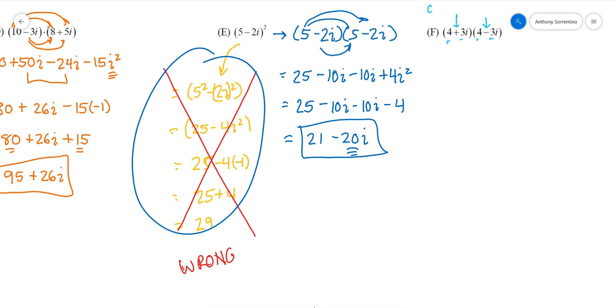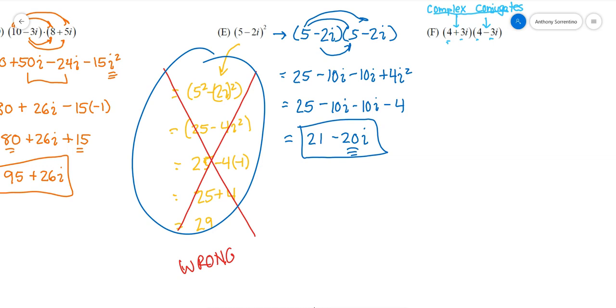These are called complex conjugates. Conjugates are basically anything that has two terms, where the only difference between the two is that the symbol between your two terms is an opposite sign. These are complex conjugates.